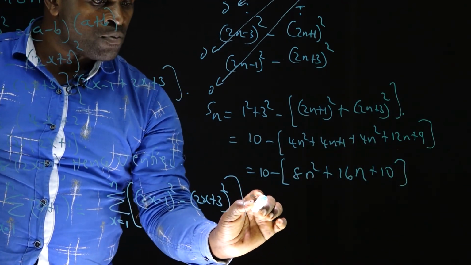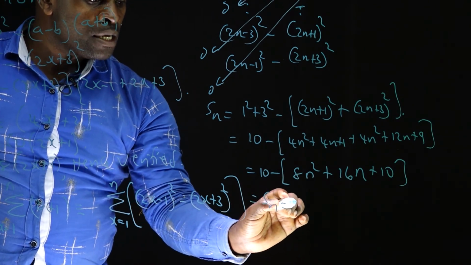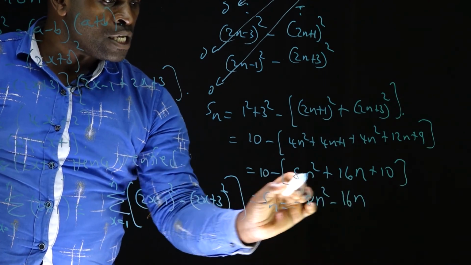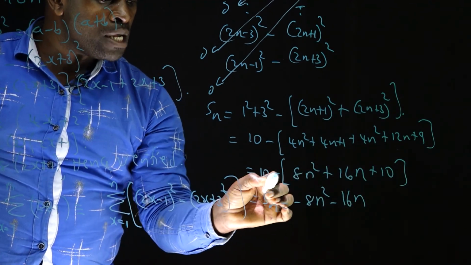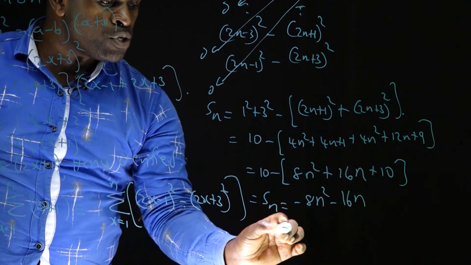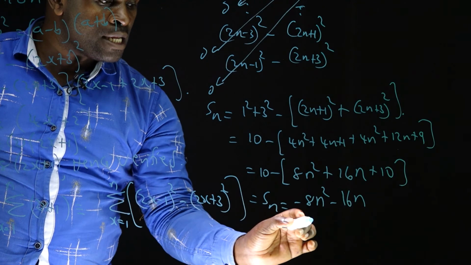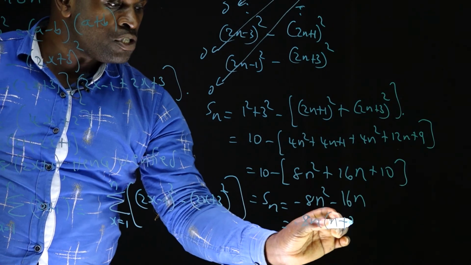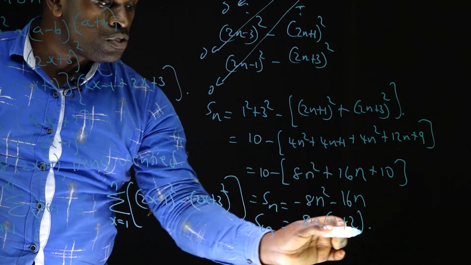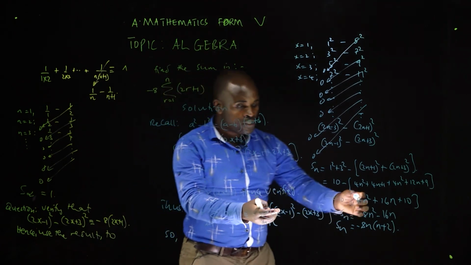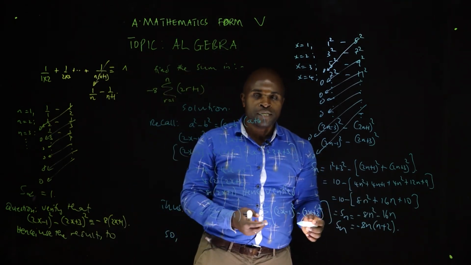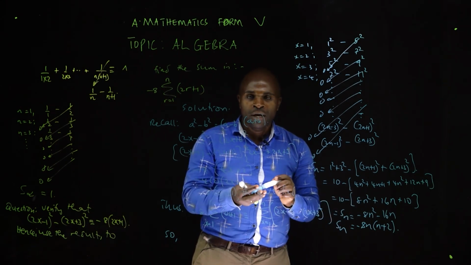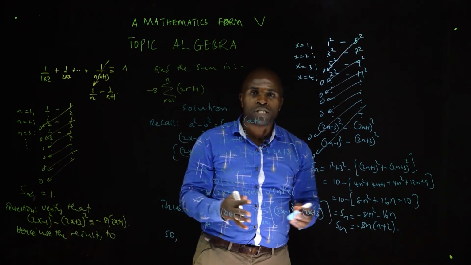Therefore the sum of n terms becomes negative 8n squared minus 16n, with cancellation of the 10. You can bring it outside like negative 8n(n plus 2). This is the sum of n terms, which is easy to conclude. You can see this question is very interesting, and it concludes this part of the summation of the series, called a telescopic series.